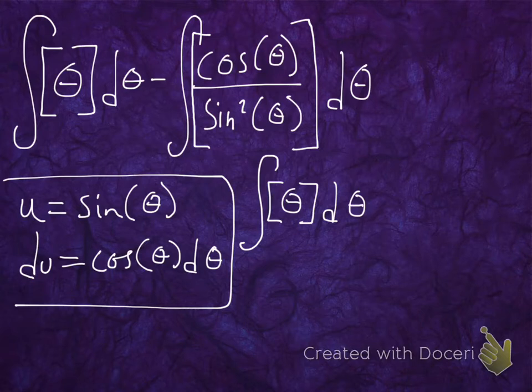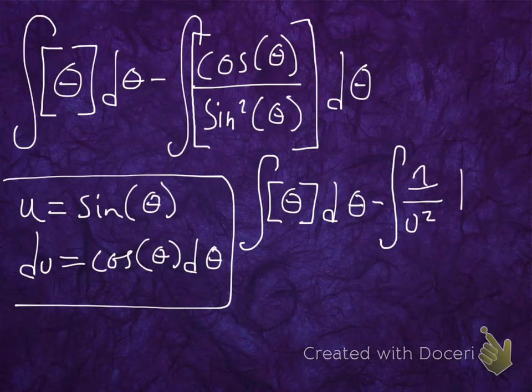And we're now subtracting, and look at this, the integral of 1 over u squared du, right? So, what is this going to allow us to do? Well, it's just going to allow us to take the integral of 1 over u squared.